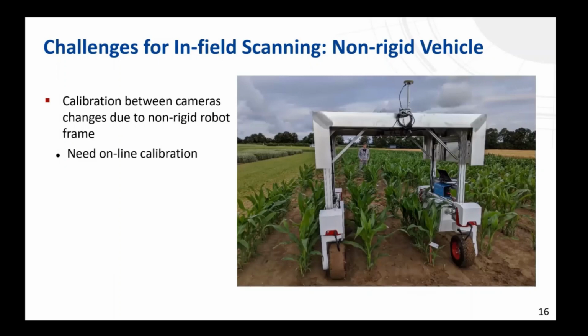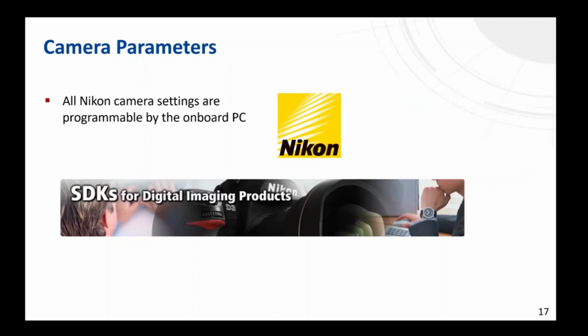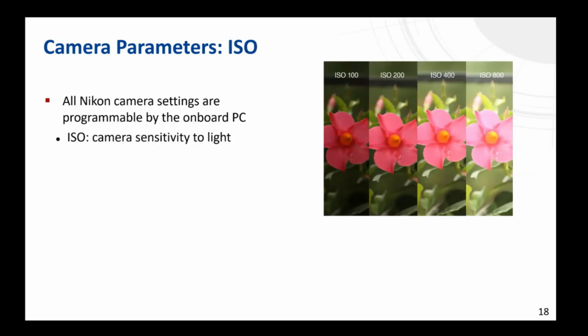And another challenge is that this vehicle is not totally rigid, but while it's driving across the field, it's deforming, and we must do online calibration. Fortunately, the cameras that we are using have an SDK from the vendor, so all parameters are programmable, and we can adjust the ISO setting.